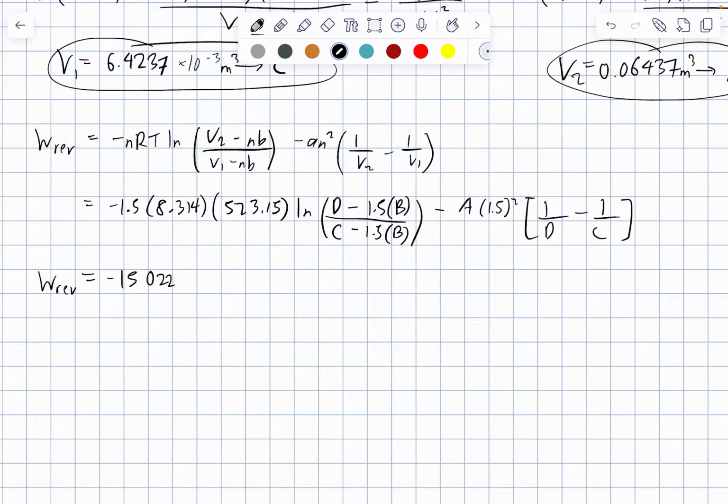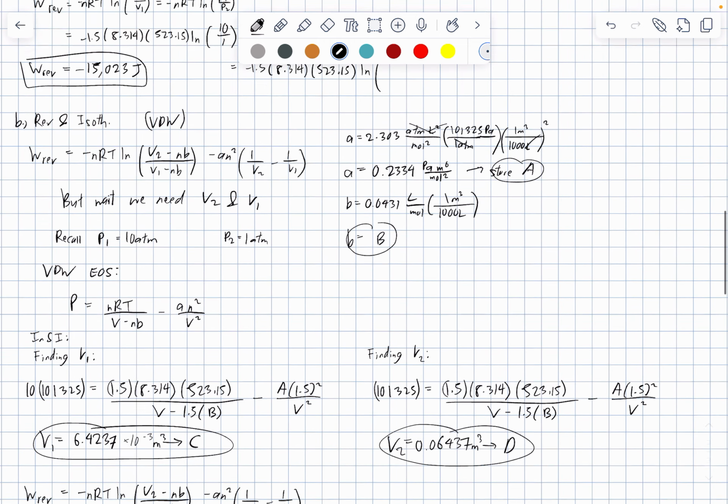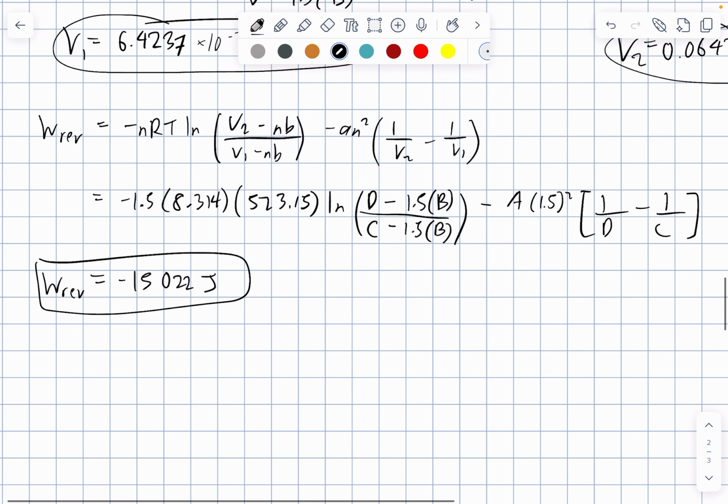I think I remember having this answer in the exam, fortunately. Even though I just realized now that we can resort to storing values. It reduces the risk. It's less stressful, no? Low cortisol. So that is it for letter b, for reversible and isothermal, assuming that the methane gas is a van der Waals gas, a kind of real gas.